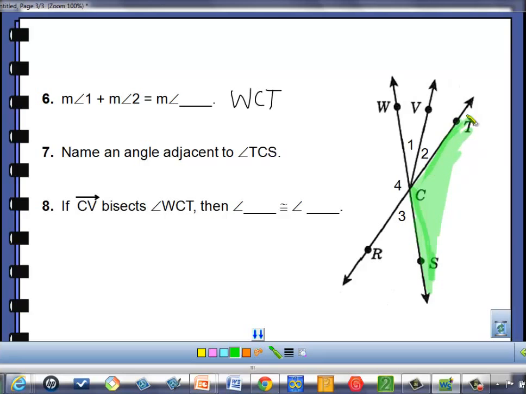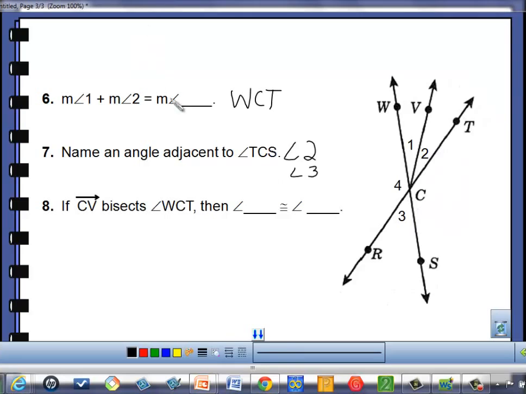If I want something right beside it, all I have to do is look at my diagram. Right beside the green angle is this little angle, and I could name it, since there's a number in it, angle 2. If I wanted 3 letters, I could name it TCV or VCT. If I go to the other side, I could also find another adjacent angle, which would be angle number 3.